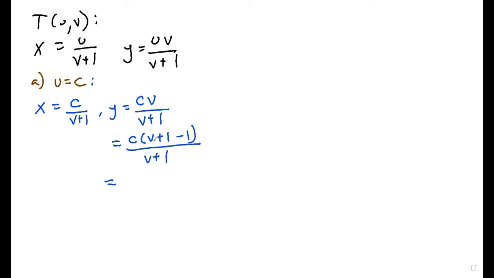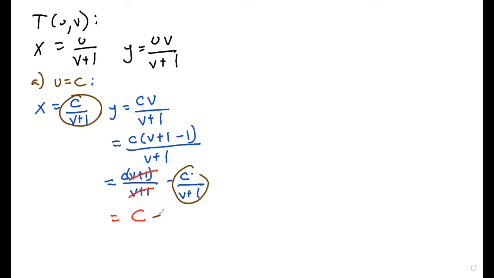But the advantage is that I can break it up into the difference of two fractions: c times (v plus 1) over v plus 1, minus c over v plus 1. Why do I do this? Well, in this first term, the v plus 1s cancel, and I'm just left with c. And the second term, c over v plus 1, is x.